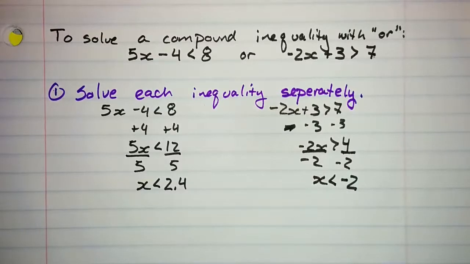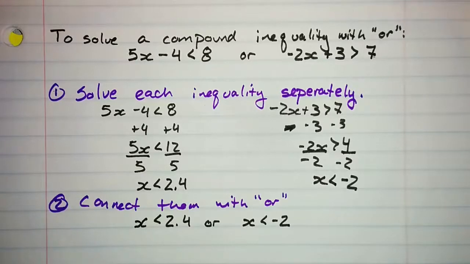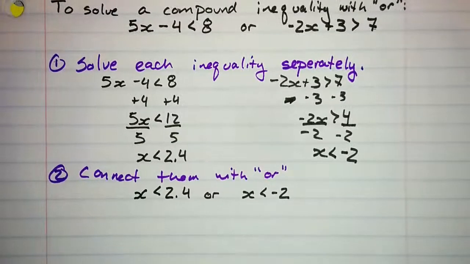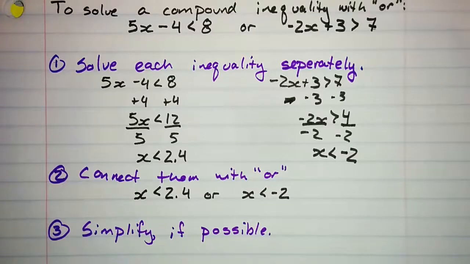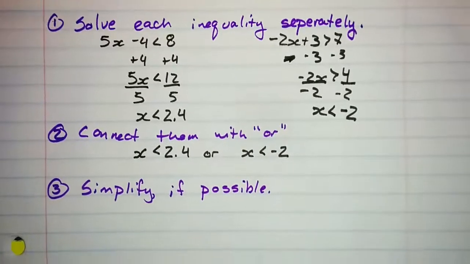And then we connect them with the word or. And then finally, just like with the and inequalities, we simplify if it's possible.